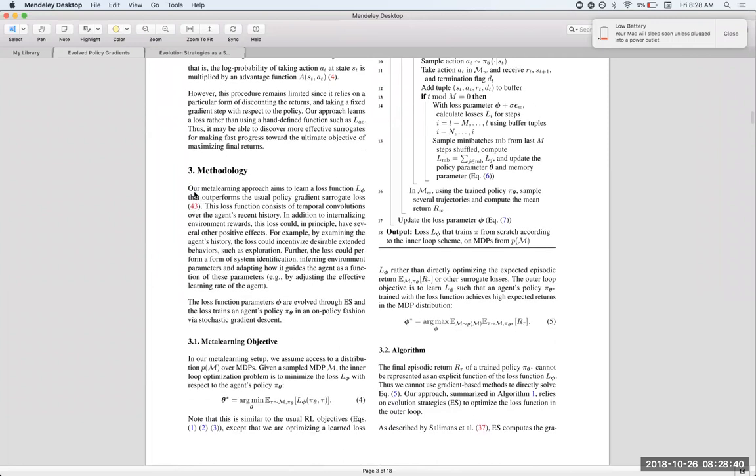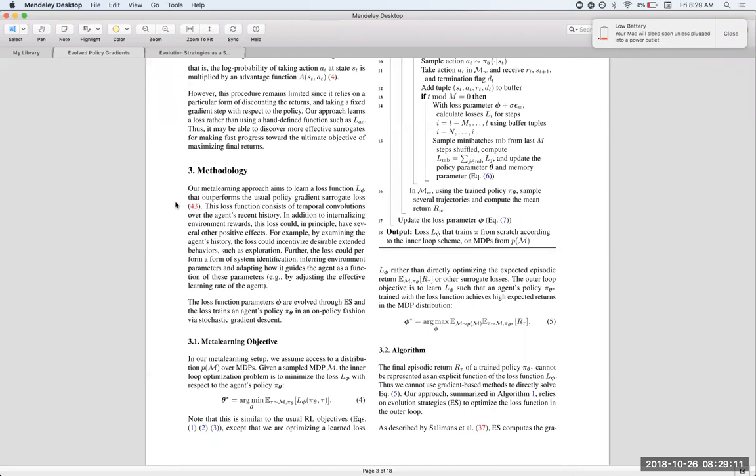This section describes the methodology of the evolved policy gradients method. This learning approach aims to learn a loss function, L phi, which is learned at the outer loop that trains the policy network described in the inner loop.